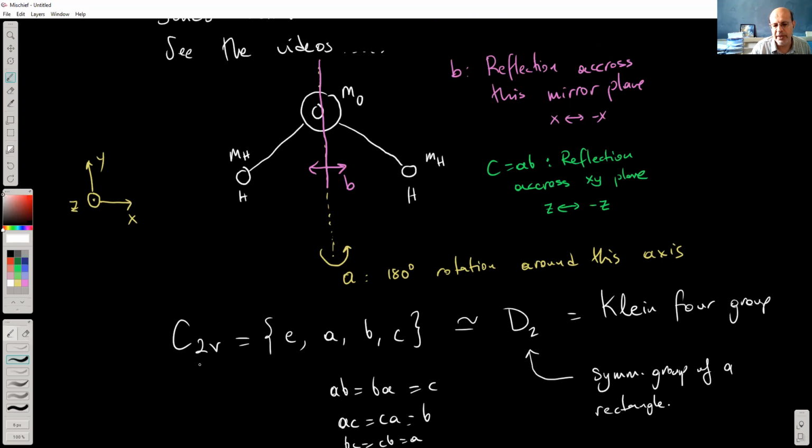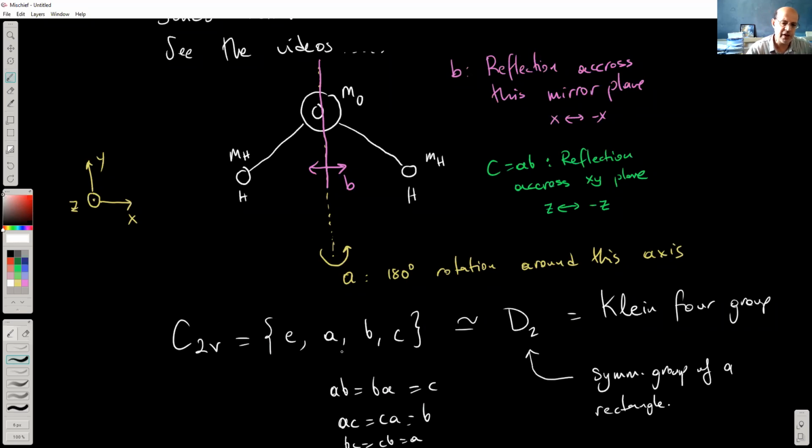So you actually meet this kind of notation a lot in applications. There are many groups that have the same structure, but they have different names because of this, like C2V, for example. I think there are other examples like C2H or things like that.